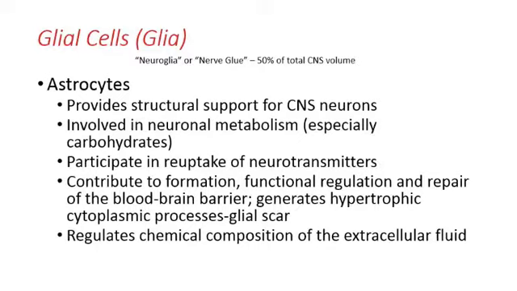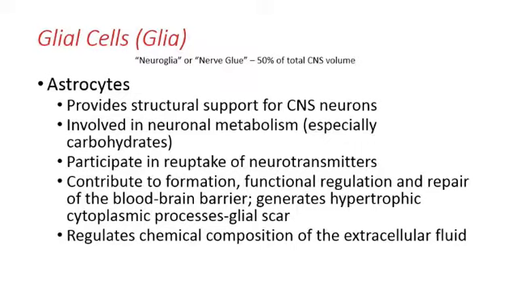They help participate in reuptake of neurotransmitters in addition to the neurons themselves. And very importantly, they contribute to the formation, the functional regulation, and the repair of the blood-brain barrier. They're a very important constituent of the blood-brain barrier because they help wrap around the blood vessels within the central nervous system.